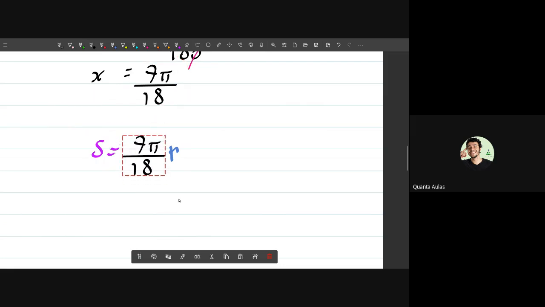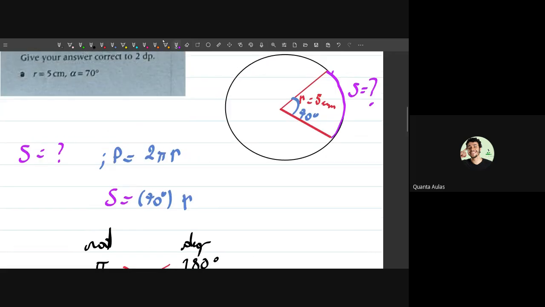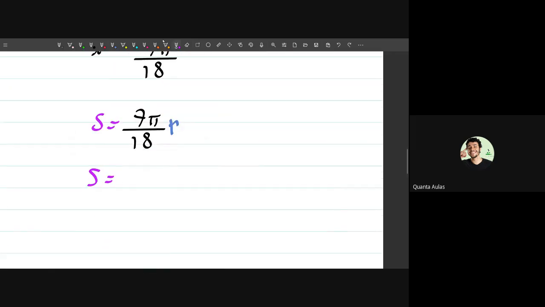Now you just need to change the r. r is 5. So 7 pi times 5 over 18. Now you can do this calculation for me.